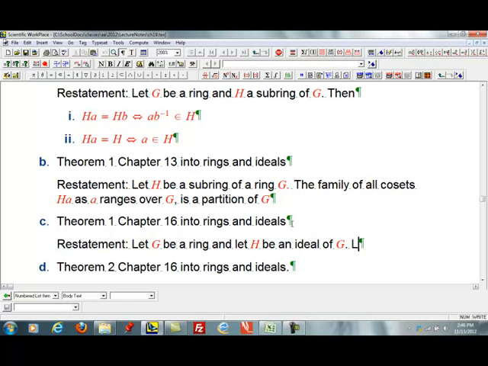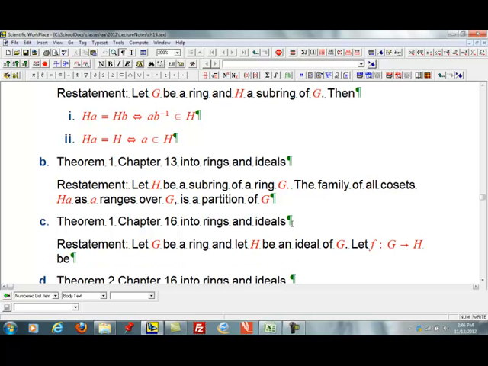Then we can copy the rest of it down. Let f take G to H be a homomorphism with kernel, I'll write it this way, kernel K. What do they conclude? f(a) equals f(b) under what conditions?